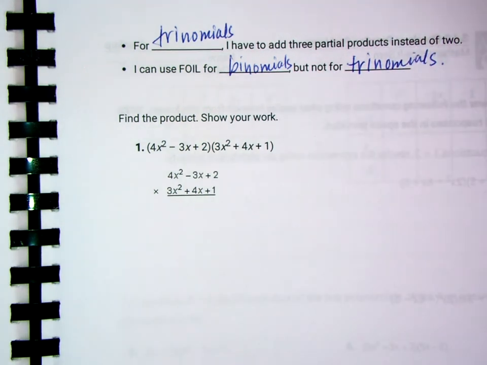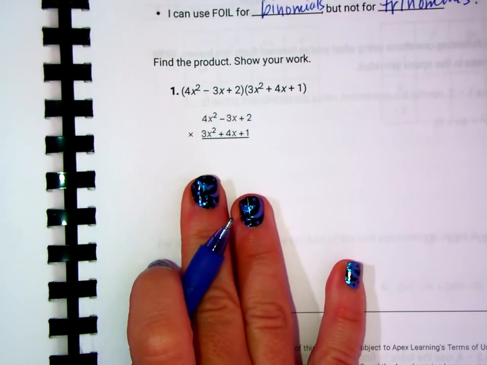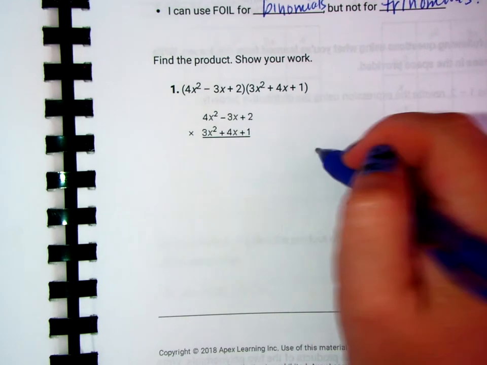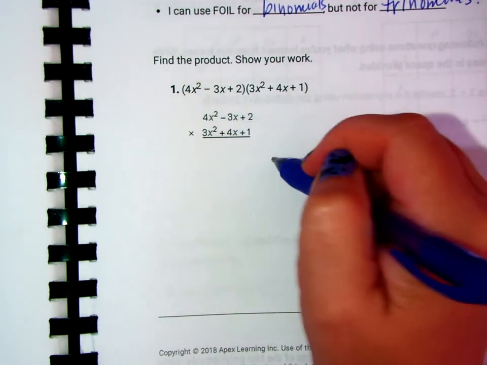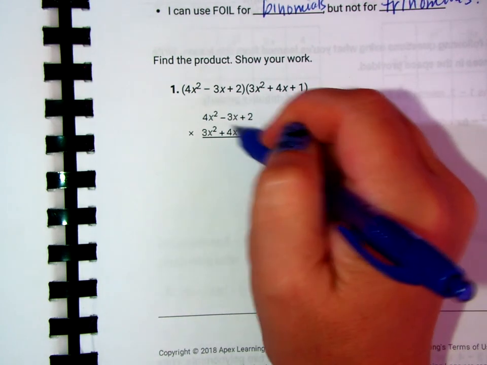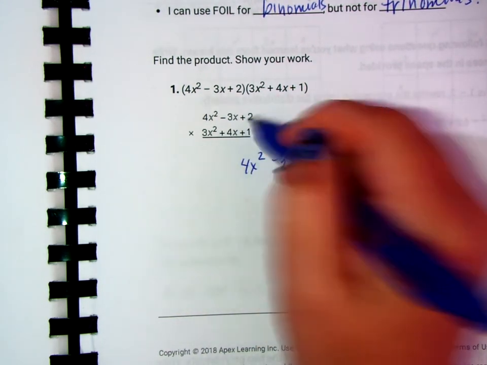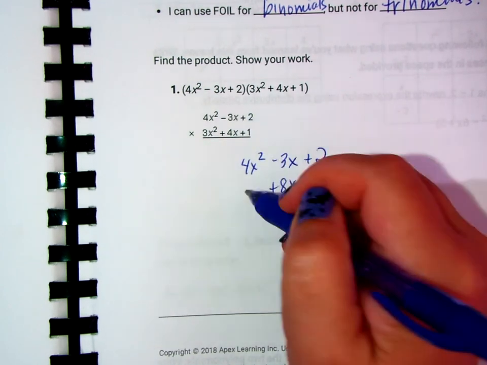Next is to find the product and show your work. So we're using the vertical method on this last example. So 2 times 1. Okay, writing these in descending order, putting the like terms under the like terms.